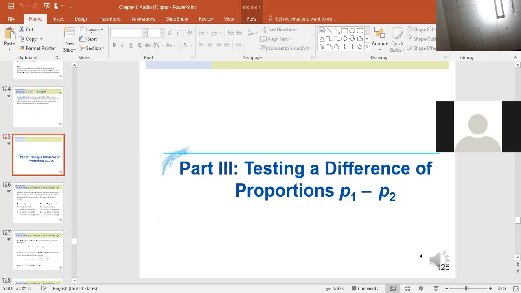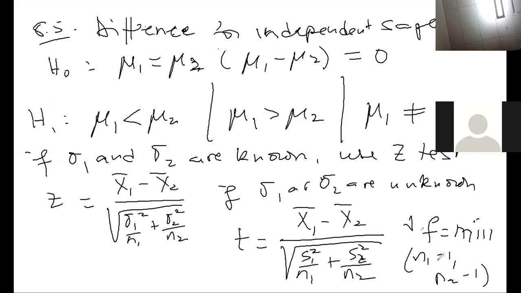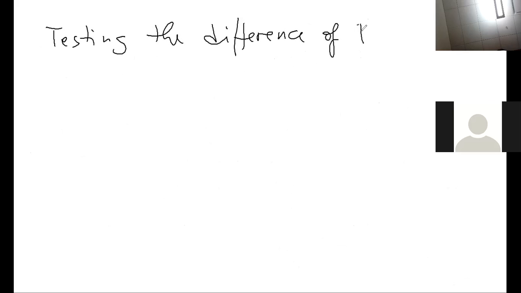We can also test the difference between proportions following the same procedure. One thing that we want to recall about proportion is how to test the claim about proportion, testing the difference of proportion.